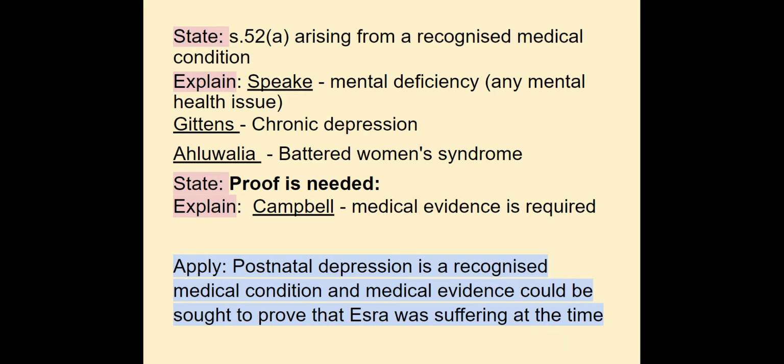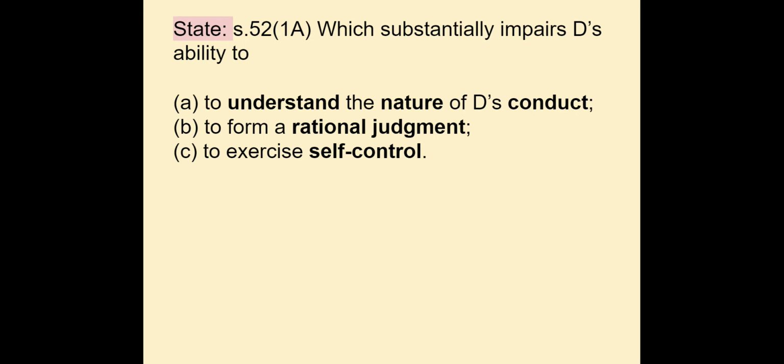And we're also going to state that proof is needed and explain the case of Campbell, which states that medical evidence is required. And we can apply this by saying postnatal depression and the anxiety that she was suffering is a recognised medical condition. Medical evidence could be sought to prove that Ezra was suffering at the time. So they don't need the diagnosis before, as long as you could secure a diagnosis after the fact.